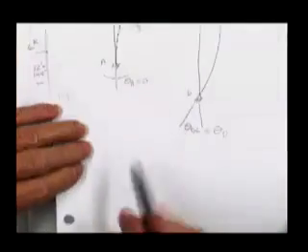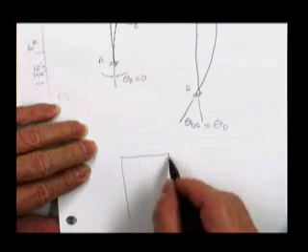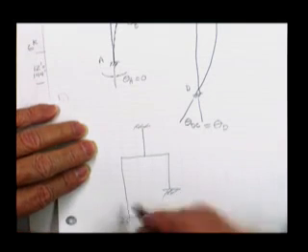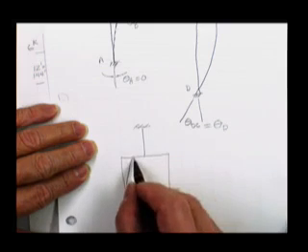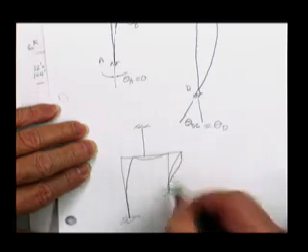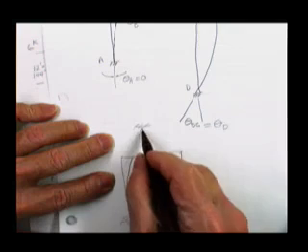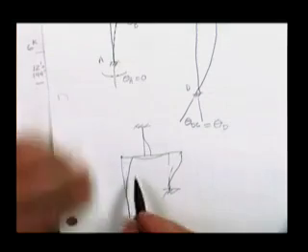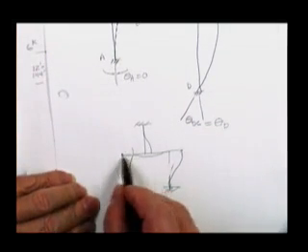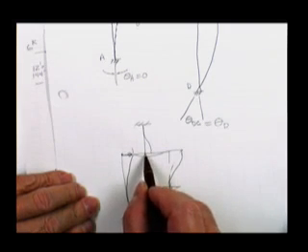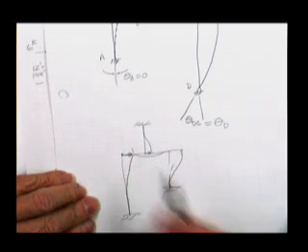If, for example, you had a structure that looked like this, and it distorted like this, you would be calling this delta positive, and you would be calling this delta negative.